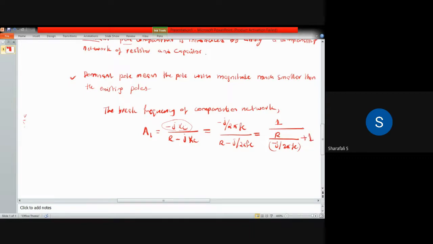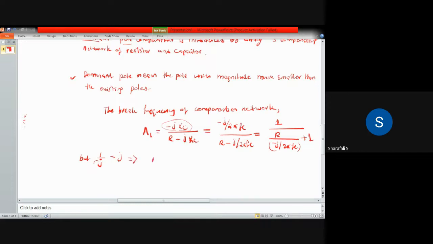So this is the expression for A1. Also, 1 by j is equal to minus j, or 1 by minus j is equal to j.